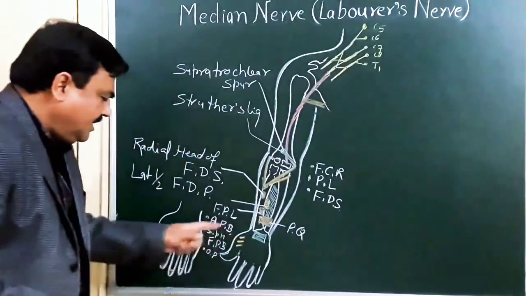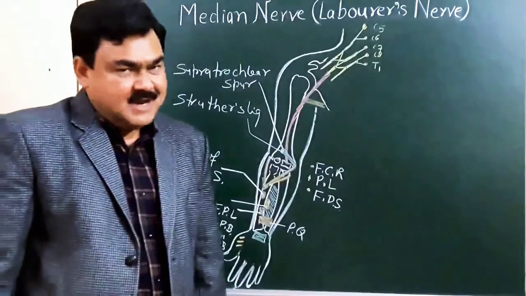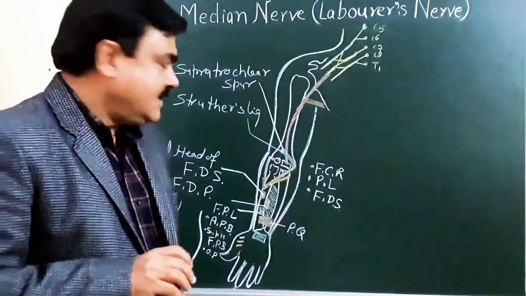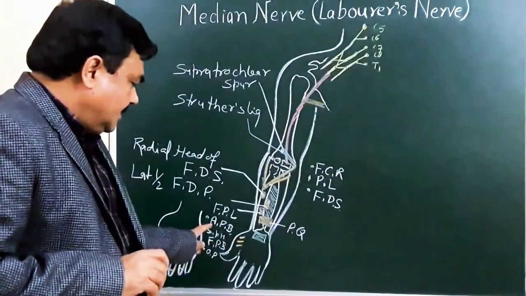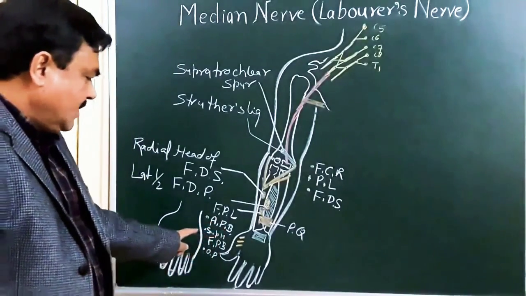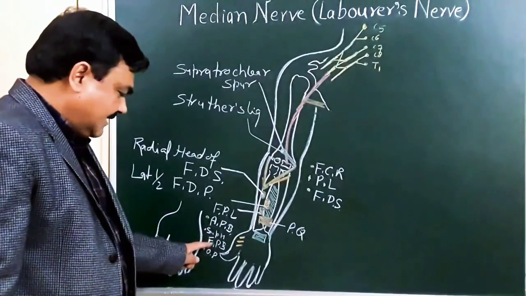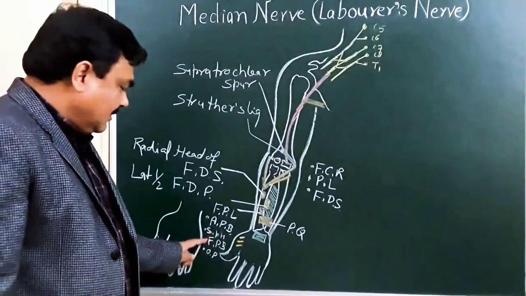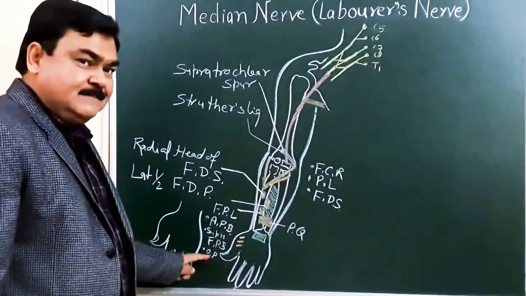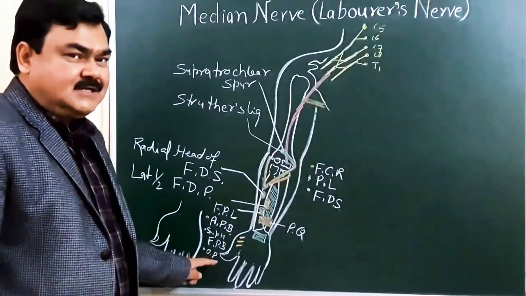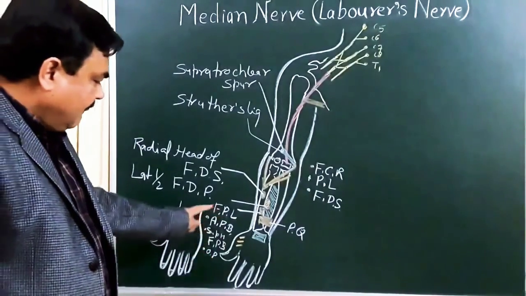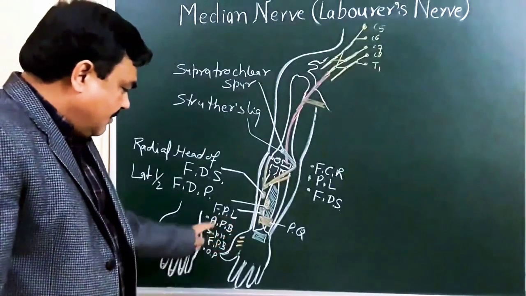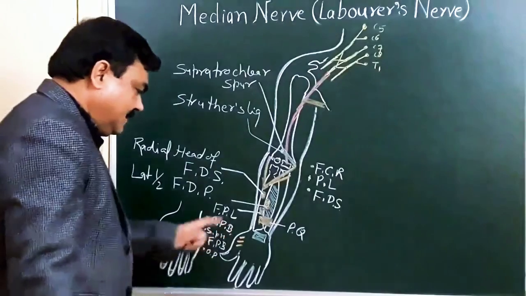Actually, there are four muscles in the thenar eminence: abductor pollicis brevis, the superficial and deep heads of flexor pollicis brevis, opponens pollicis, and adductor pollicis. But here we make only three muscles in this diagram.